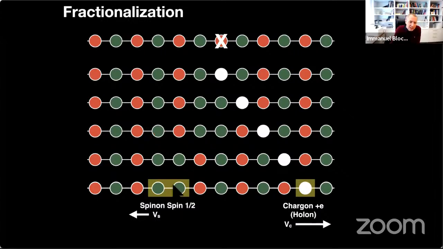Now, what about this spinon object here? What do you think could be the time scale at which this spin object moves? How could this spin object move? The spinon could move, for example, by these two spins exchanging position. So this green spin moves over here, the red spin moves over here, then you have the two green spins here, and it looks like the spinon has moved from here to here. What?